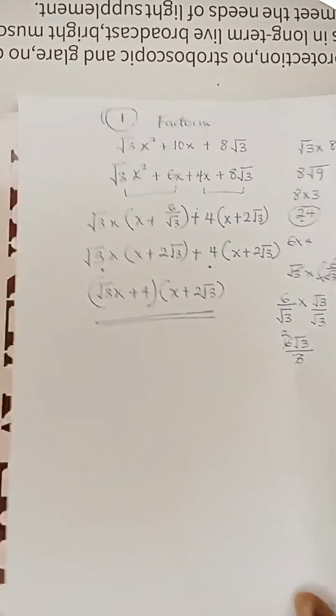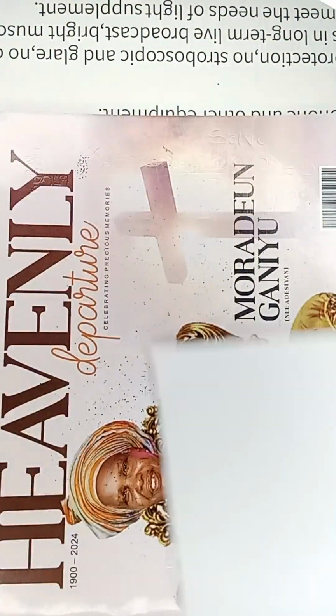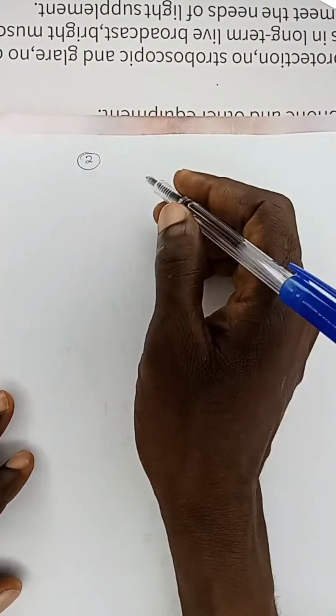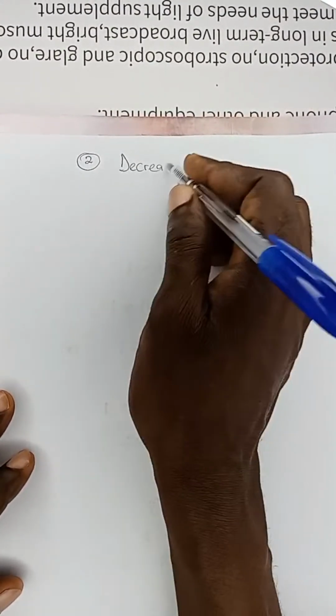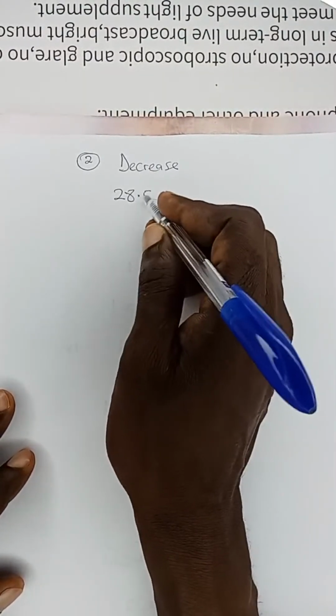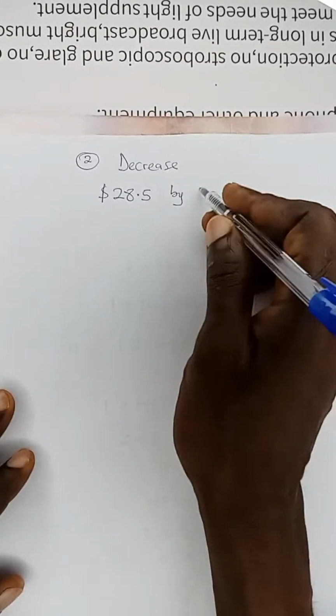All right, so now number 2. This one is also very, very common. Okay, the question says decrease $28.5 by 30%.